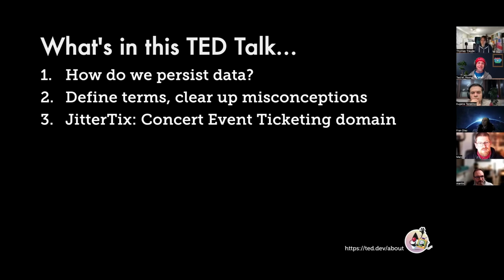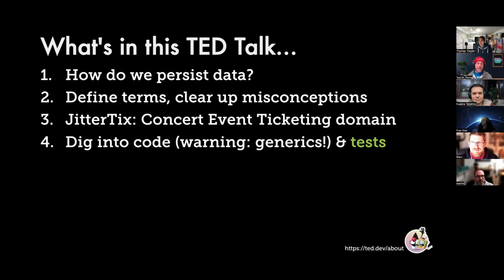So Jitter Ticket is my example app for a concert event ticketing domain, and for better or for worse, it has the word event in there, so event now has even more meanings. You've got one from the domain, and one from the actual event sourcing and other things. It might not have been the best domain, but I love going to concerts, so there you go. And then we'll dive into the code.